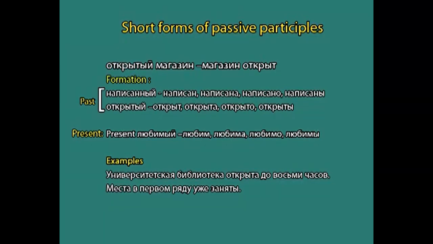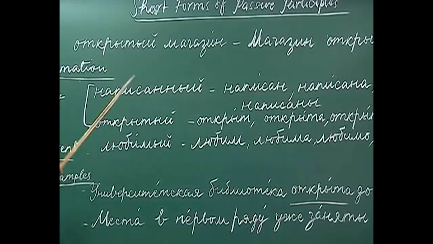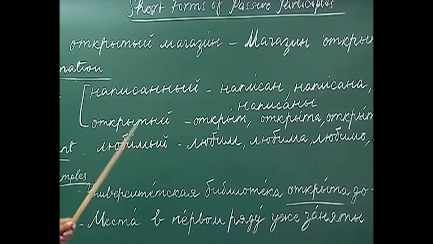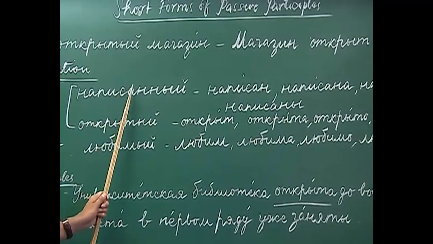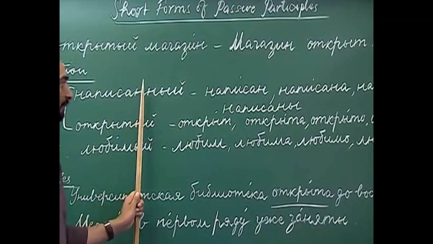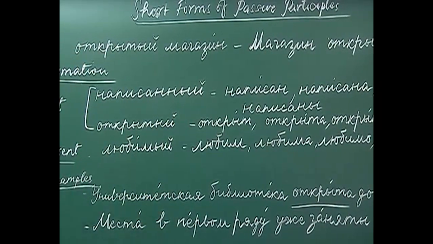So, if it has the ending тый, you have to remove ый to get its masculine form, and if it ends with нный, then you have to drop one н and ый.